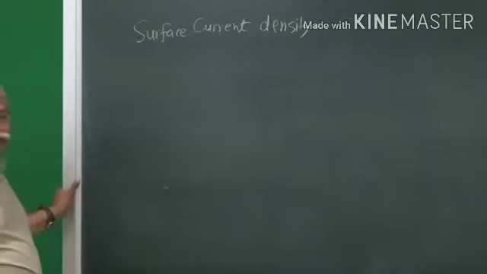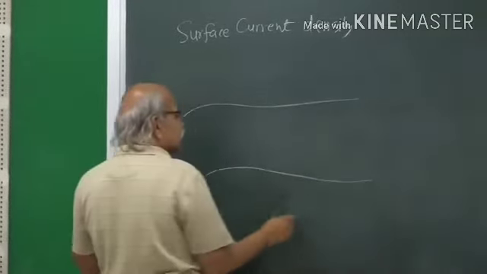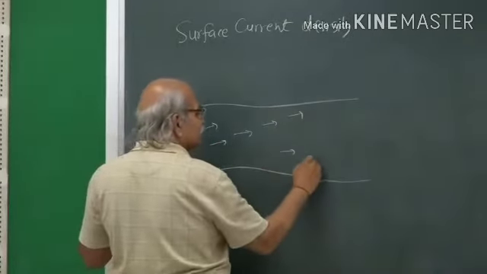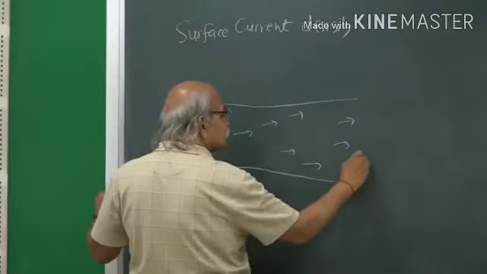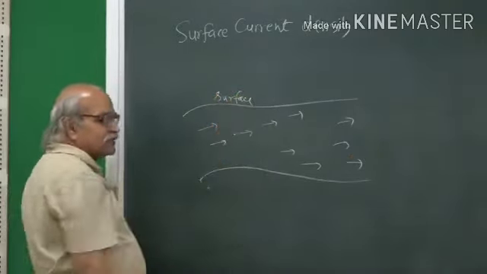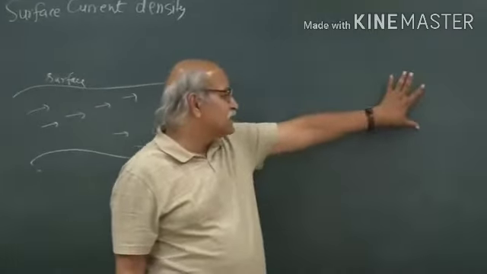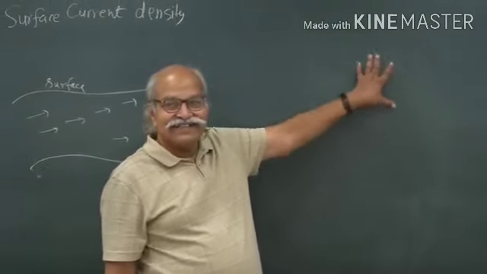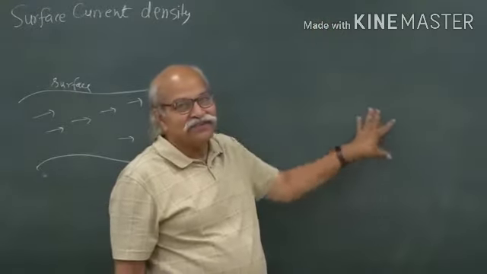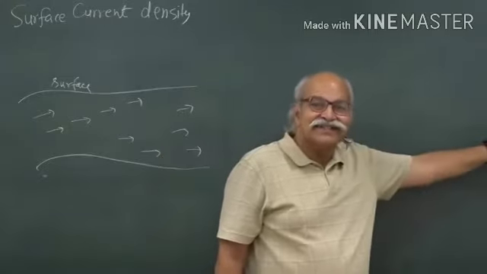How do I define that? Suppose here is a surface, and there are charges on it, and those charges are moving. This is just a surface. It is not a volume. Suppose this table or this board itself is a surface, and the charges are residing on the surface of this board and moving on this surface only.